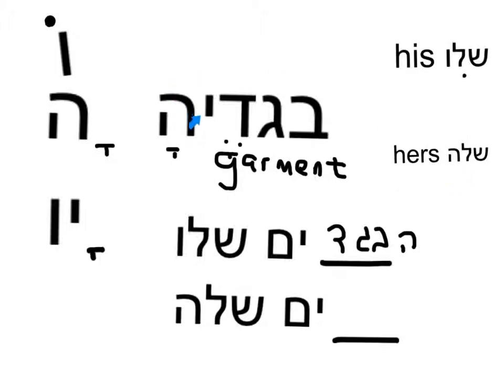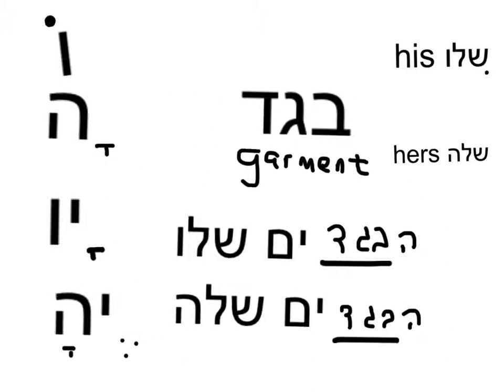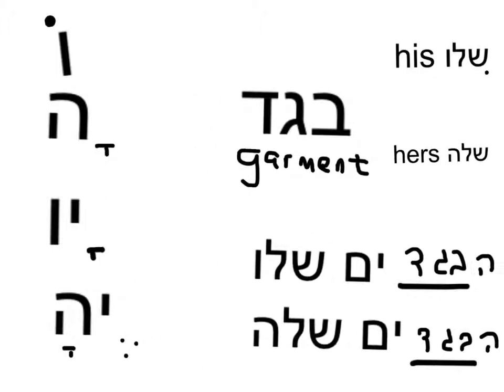And that yud is short for im. So it's really as if you were saying habigadim shala, which means her what? Garments, plural. You guys catch on quick. Her garments. Now, once again, that was scrambling around one word in 4 different ways.